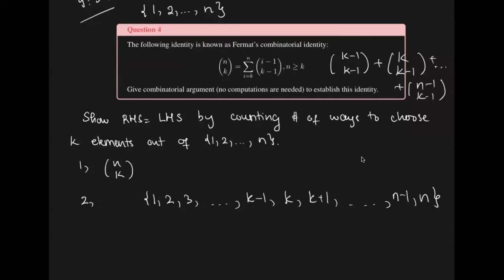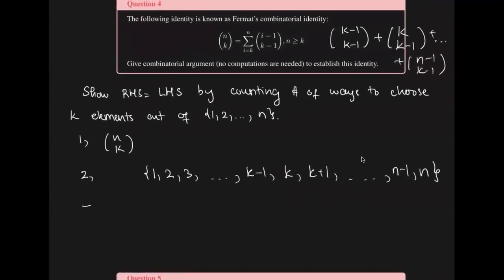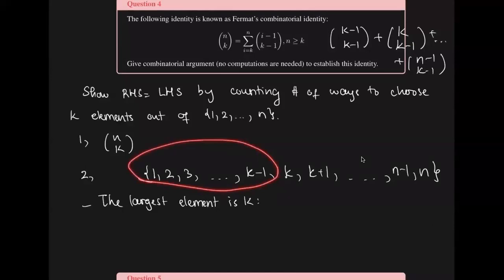And then we realize a pattern that if we fix based on the largest element, in the k elements that we have to choose, because we have to choose k elements, right? So out of those k elements, if the largest element is k, then the other k minus 1 elements have to come from this set, right?